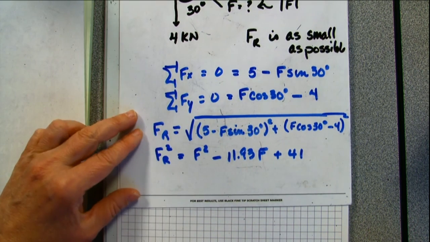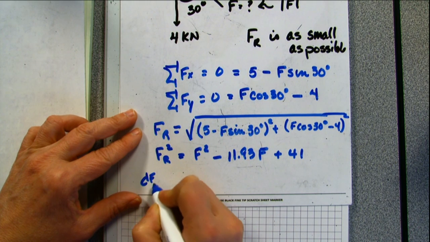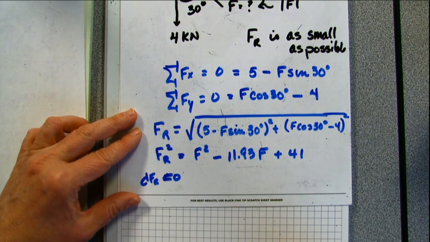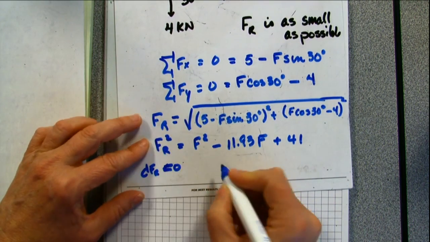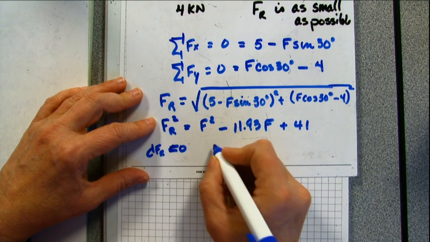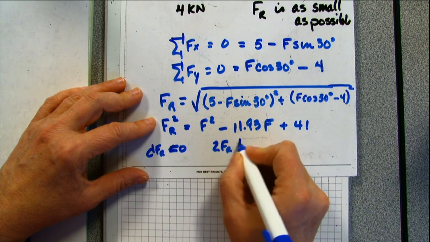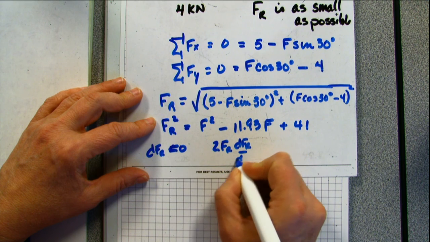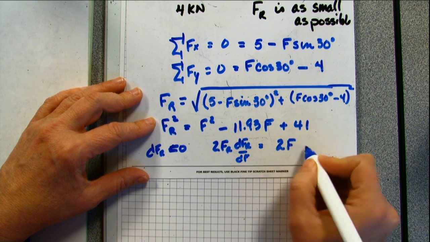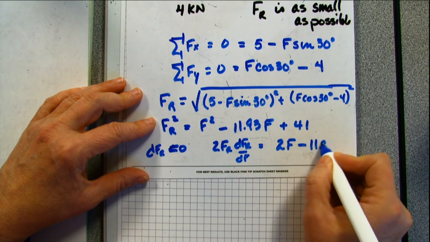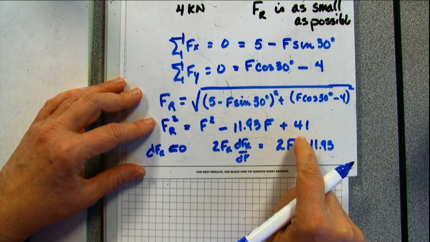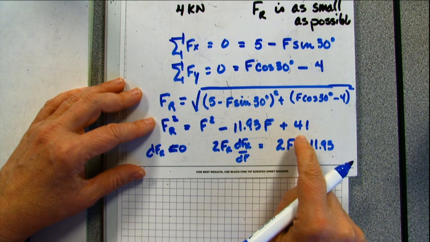All right, now remember, the big thing is when I do that derivative with respect to f of FR squared, that has to equal 0. So those of you who have seen this in calculus, this is going to be 2FR dFR/df, and this is going to equal 2f minus 11.93. Because when I do a derivative of a constant, it's 0.